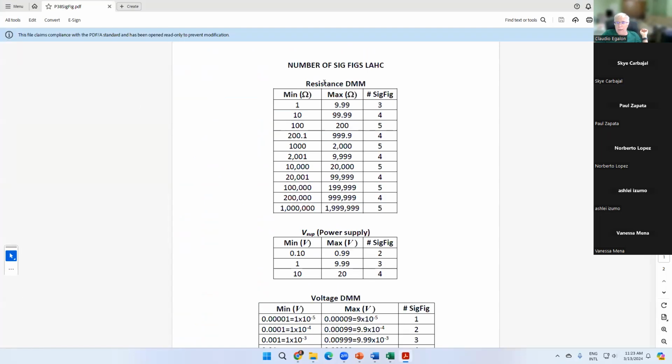Okay, so we're looking at this table right here on the resistance. Depending on the value of the resistance, you're going to have different values of significant figures, anywhere between 3 to 5, depending on the value, right?